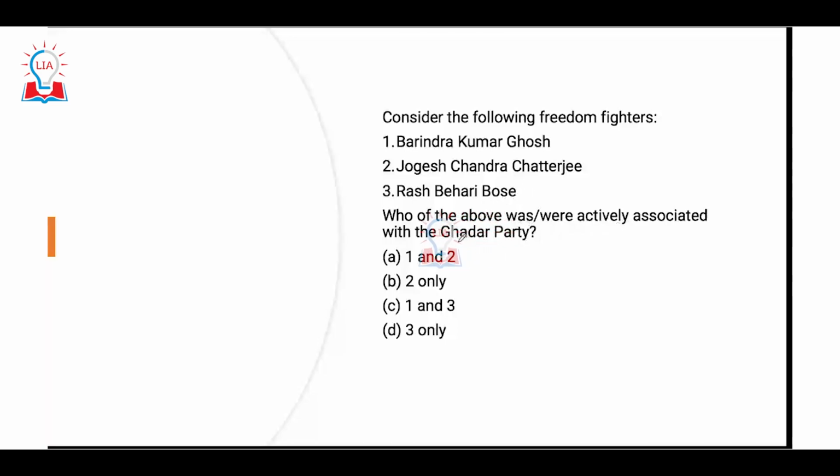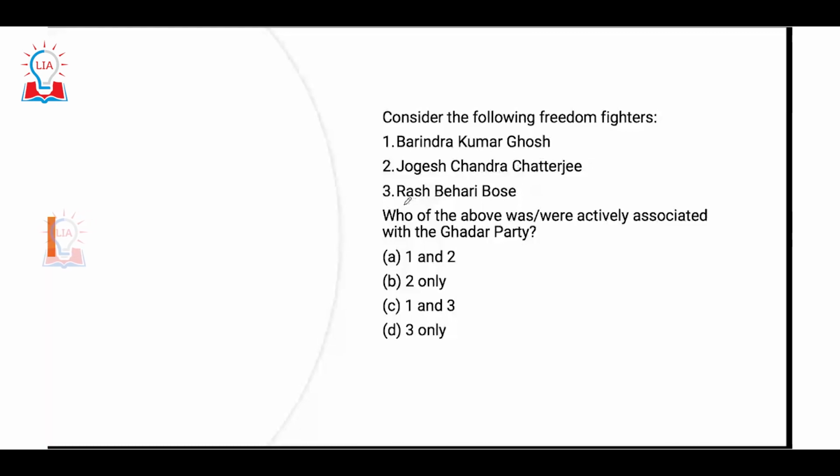Okay, so we will be studying about the Ghadar party in the modern history. In the transition period between 1910 to 1920, 1914-15 is when we have the Ghadar party emerging, and we will also be studying about an event called the Komagata Maru incident. So in this context, we will have to identify the people who were associated with the Ghadar party.